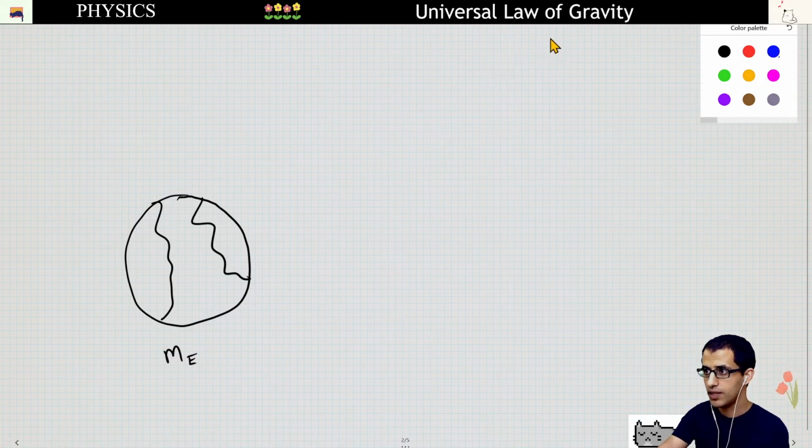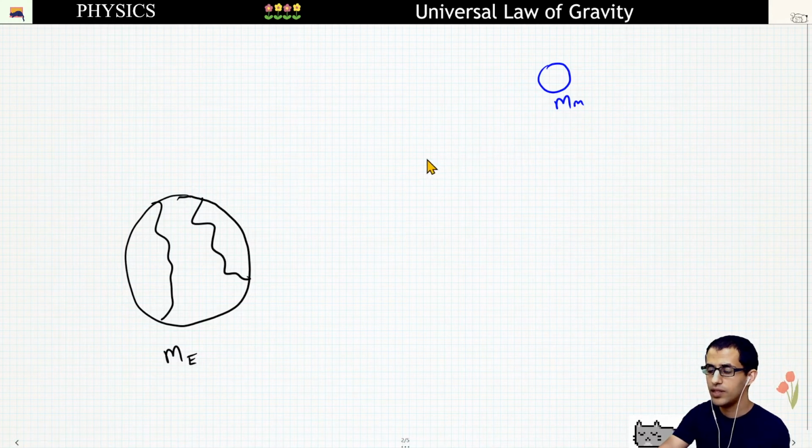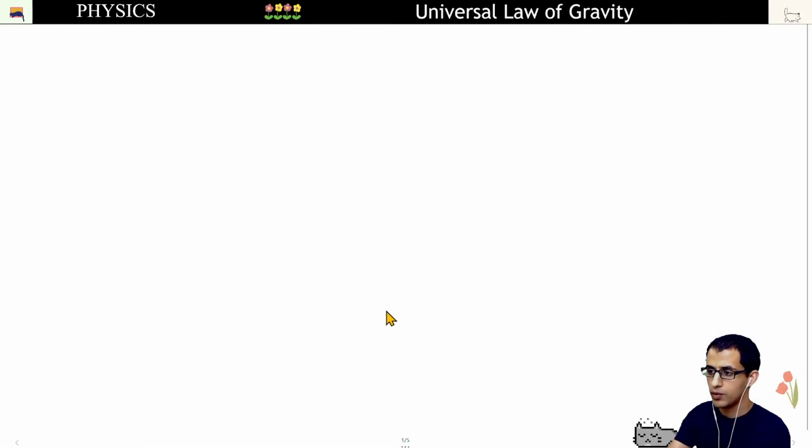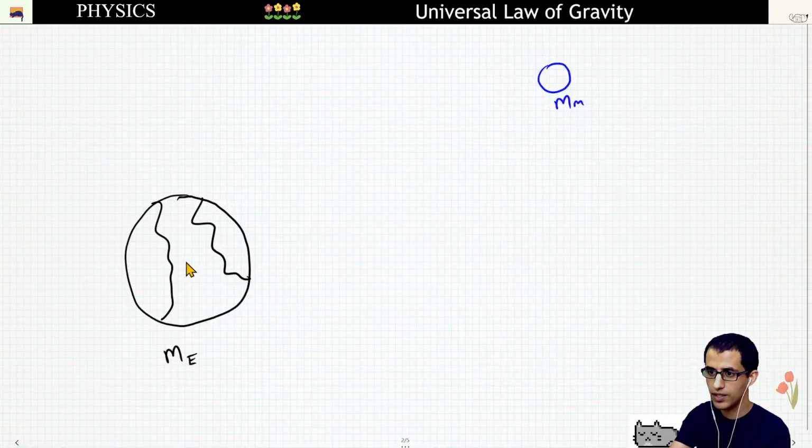So this is not going to be to scale. Let's say the moon is all the way out here, M sub M. And I want to know what is the force of gravity between these two objects. We're also going to come back and figure out how we get g equals 10 meters per second squared at the surface of the Earth. So I'm not forgetting about that. I'll come back to it.